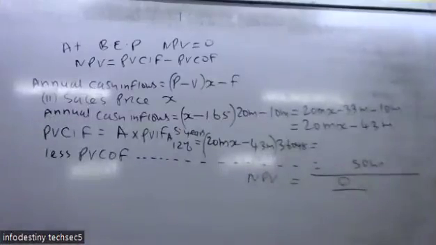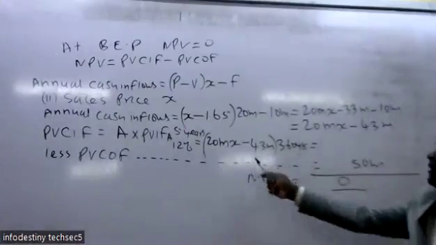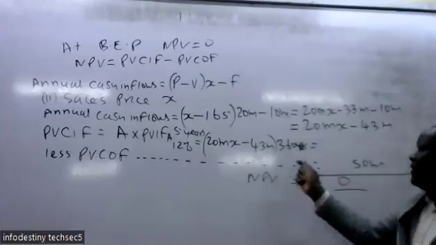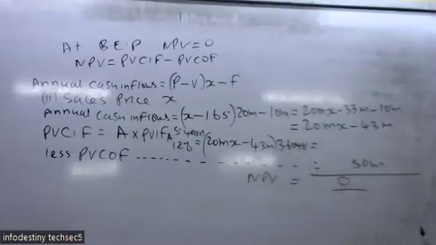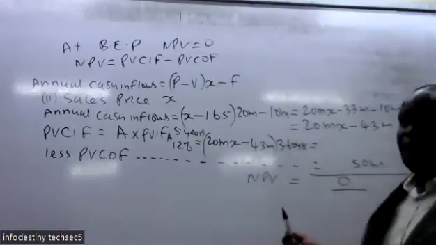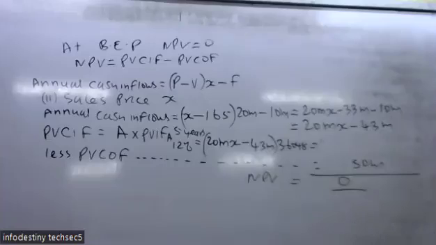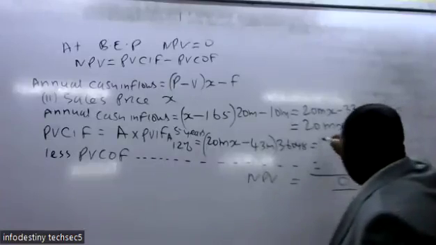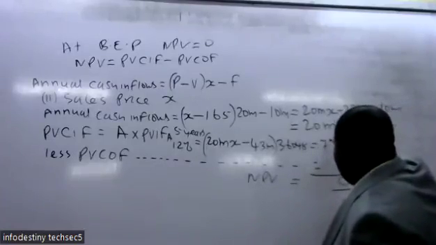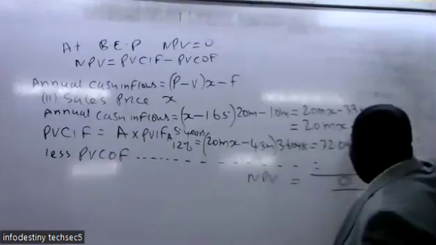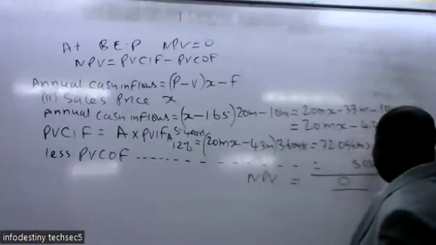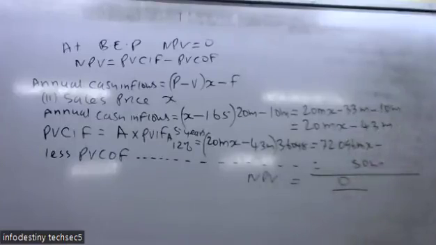So now we take the 20 million x, multiply by 3.6048, which gives 72.96 million x. Then we subtract 43 million multiplied by 3.6048.